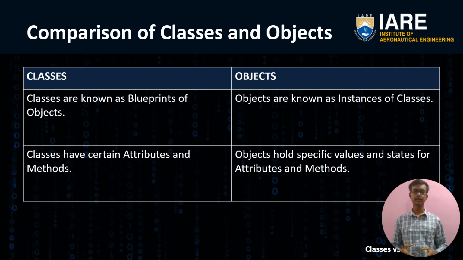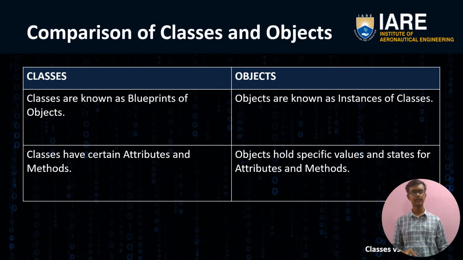Now let's compare classes and objects from a deeper perspective. Classes are known as blueprints of objects, and objects are known as instances of classes, just as we have discussed in the previous slide. And classes have certain attributes and methods, whose compilation is generally known as data, and objects hold the specific values and states for attributes and methods.